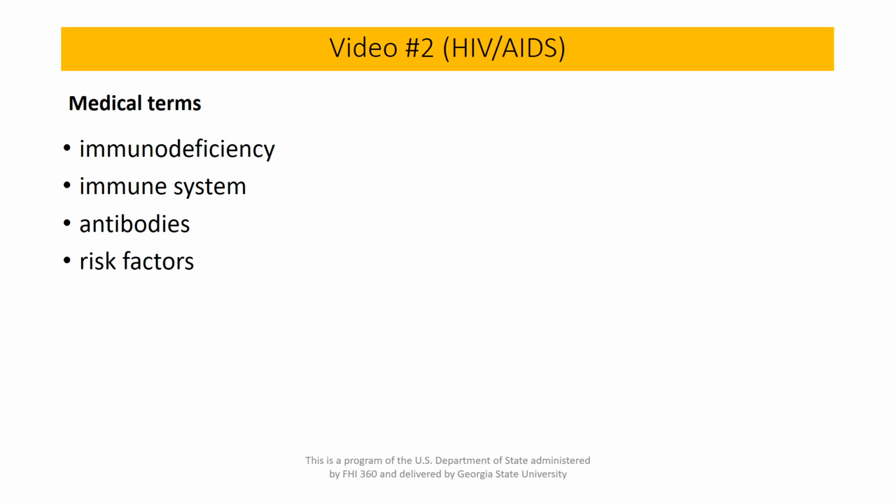We have risk factors, which are things that increase the chances of developing a disease. Next, we have opportunistic disease, which are diseases that take advantage of an already weakened immune system to affect the body.